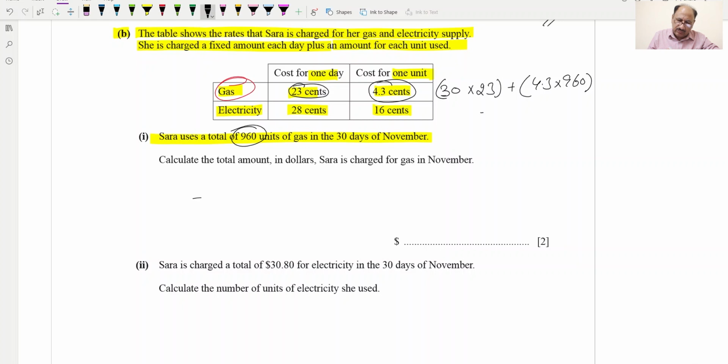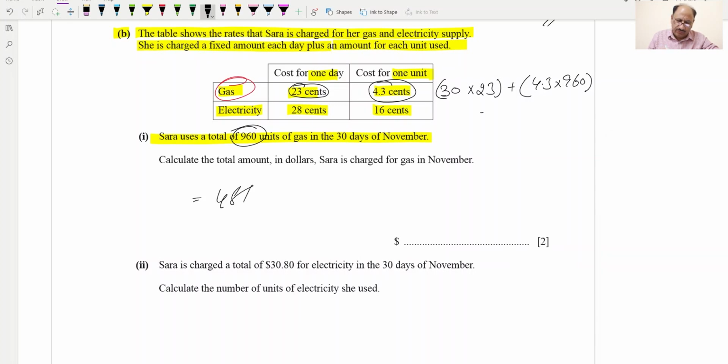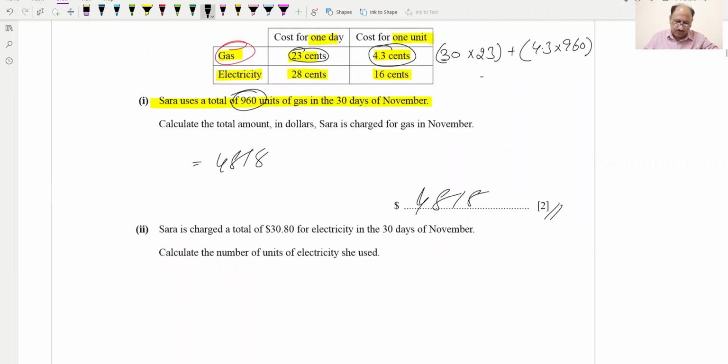So it will be 30 multiplied by 23 plus 4.3 multiplied by, not 9.6, it should be 960, and this results in $4818. This is our final answer for 2 marks.